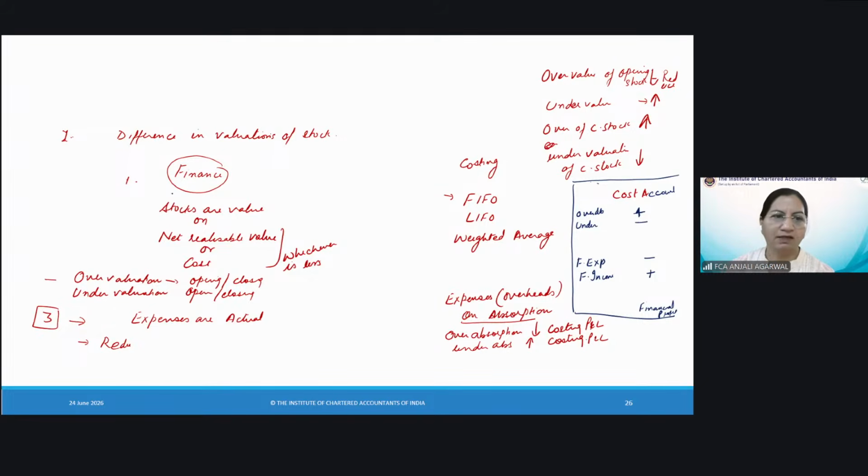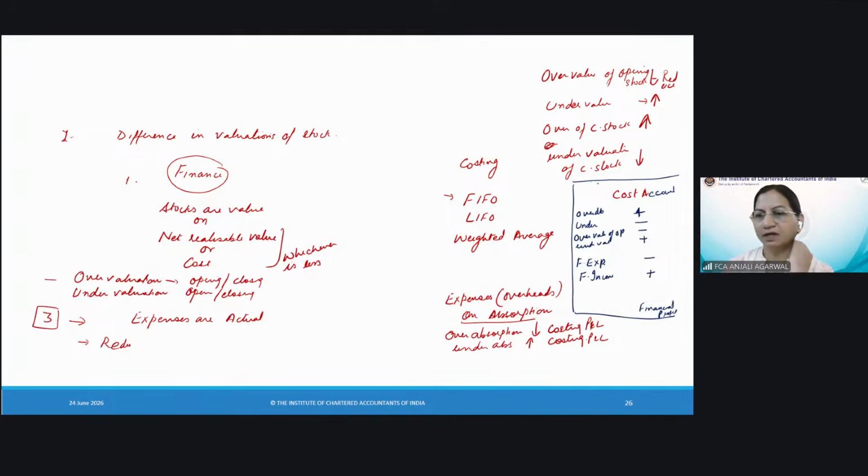And last, how will you deal with the stocks? So overvaluation of opening stock has reduced the financial profits. So you will also reduce it. Overvaluation of opening stock, subtract. Undervaluation of opening stock, add.